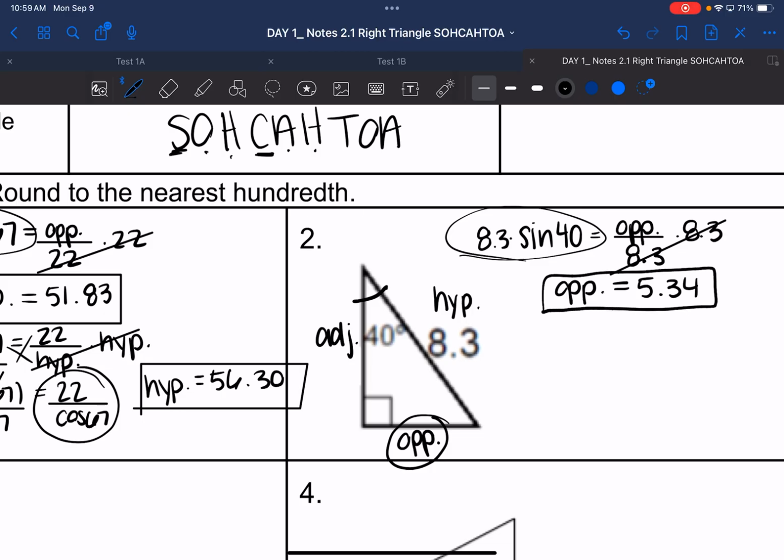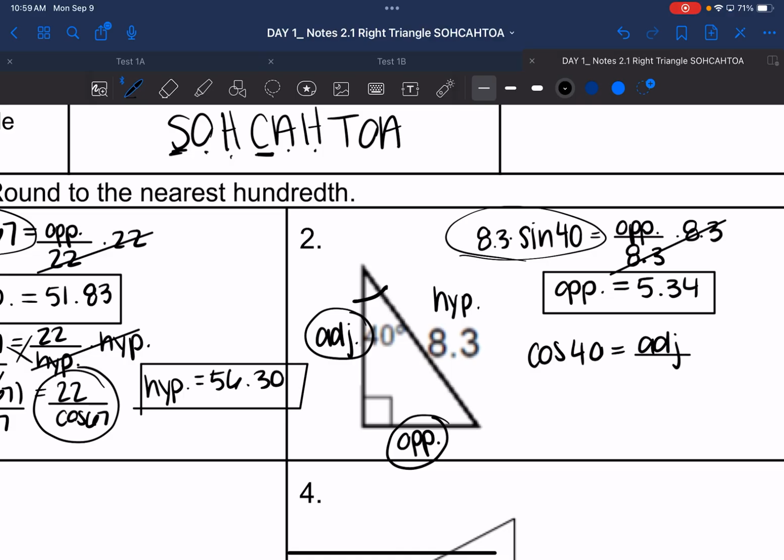Good job. Okay. Now I'm looking for the adjacent side, and I know the hypotenuse. So which ratio uses adjacent and hypotenuse? Cosine. Okay, so now we're going to use cosine of 40 degrees is equal to adjacent over the hypotenuse 8.3.